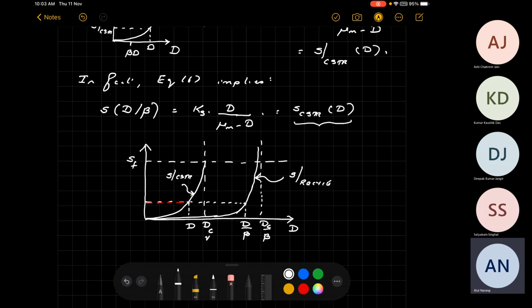If I give you the concentration attained in a CSTR as a function of D, I simply have to perform this geometric operation to get the substrate concentrations in a recycle reactor. Supposing at D this is the concentration in a CSTR, then I move that point to the right by a factor of 1 over beta and put the point there. And that's all there is to it. So this is the simple result for the substrate concentration.